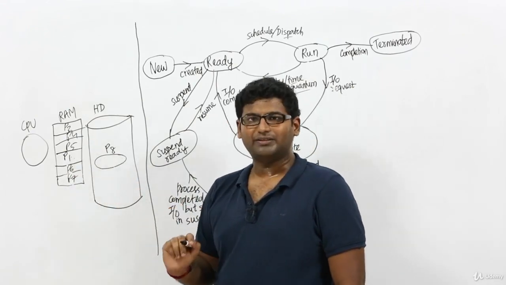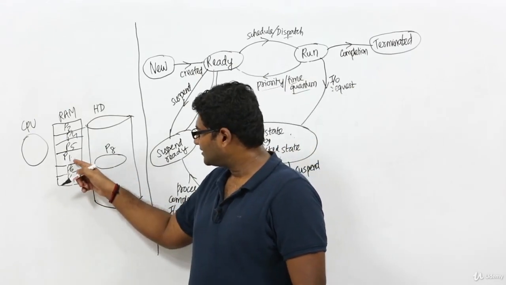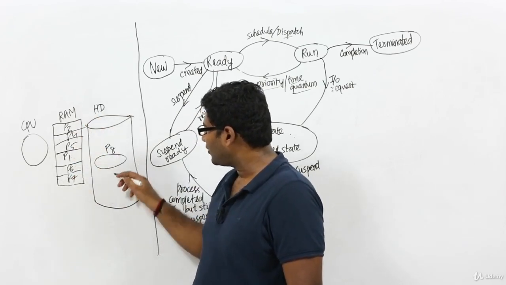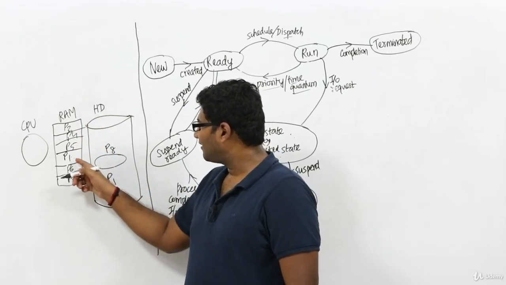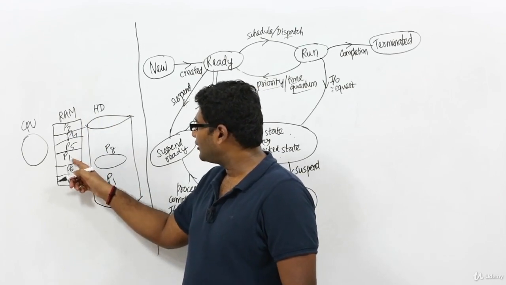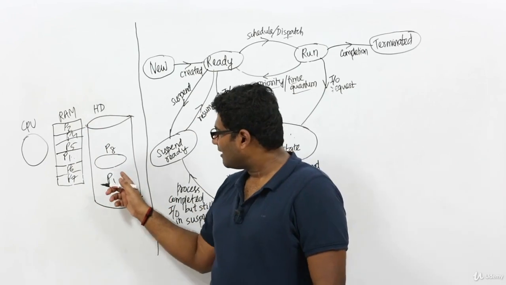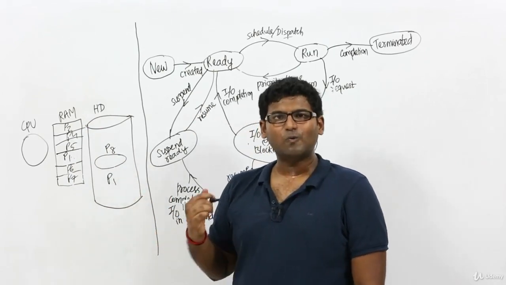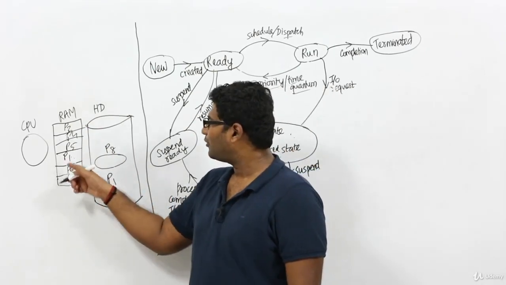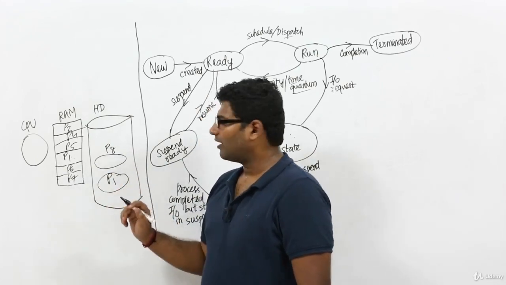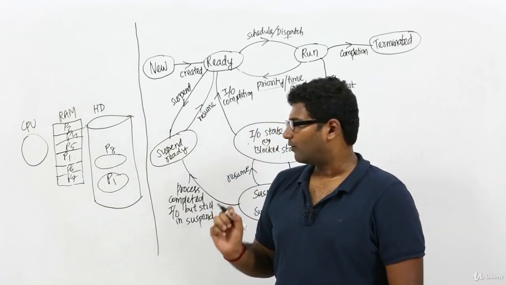This process in ready state is moving to something called suspend ready state. It is actually ready to execute, but due to priority we are moving it from RAM to hard disk. That is what we mean by suspend ready. So process P1 is in suspend ready state.